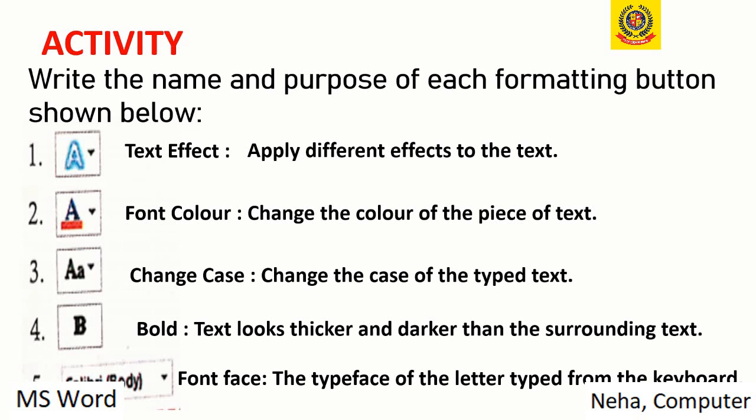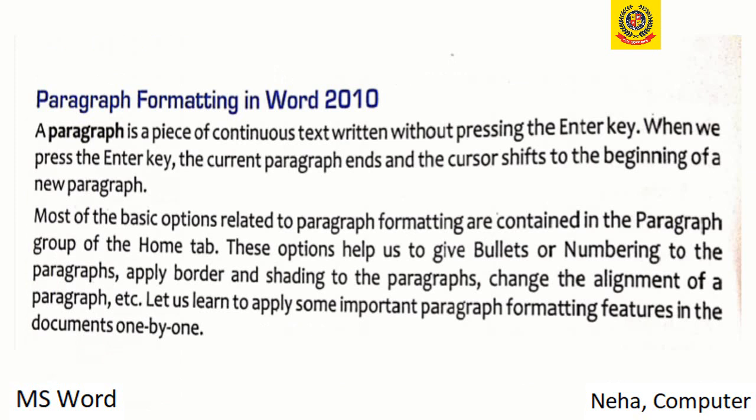That means it gives a style or a look to the letters which we type with the help of the keyboard. Now this is the activity which you have to do in your computer book itself on page number 57.